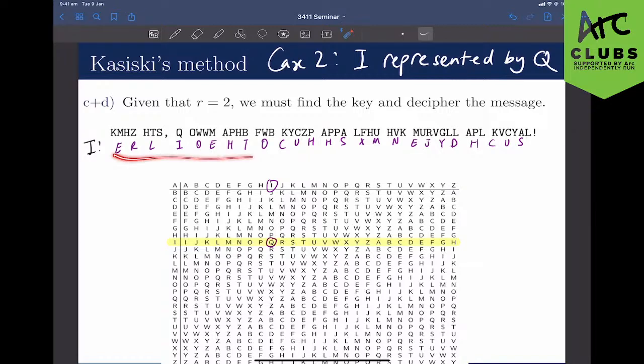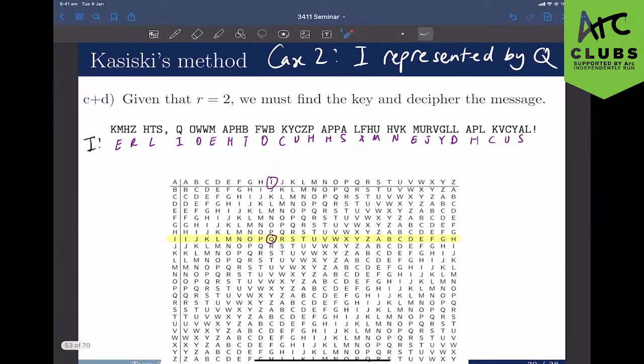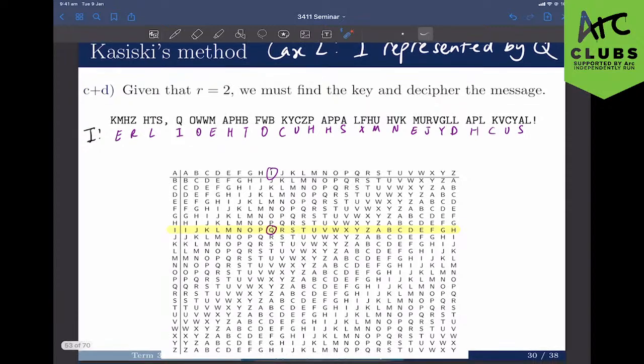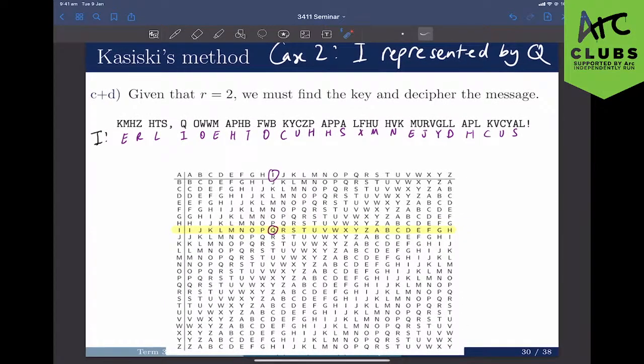So we feel a lot better about the case where Q is representing I. So for now, I'm just going to assume that this is the case. And we're fairly confident at this point that Q is being represented by I. And so what comes next is that this is the key, this is the Caesar shift for all the even letters.